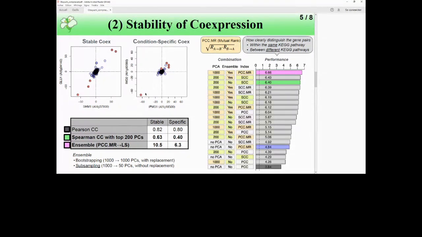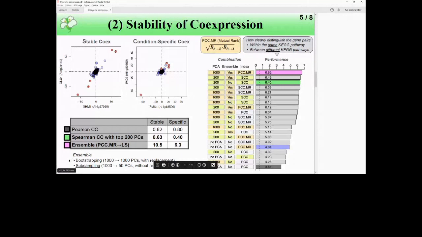So we can distinguish these two cases. And also ensemble calculation is good, because ensemble calculation takes into account the robustness of the relationships. And importantly, bootstrapping is probably the standard method for ensemble calculation.